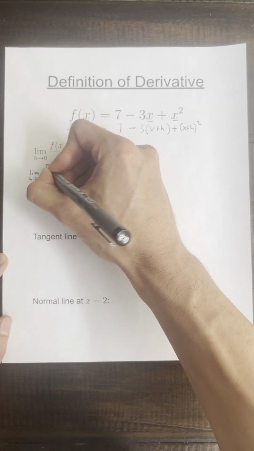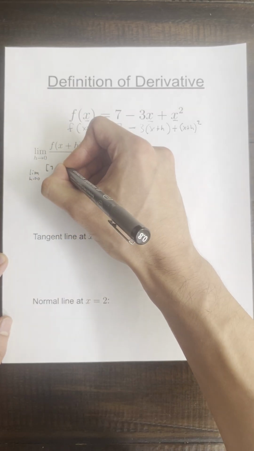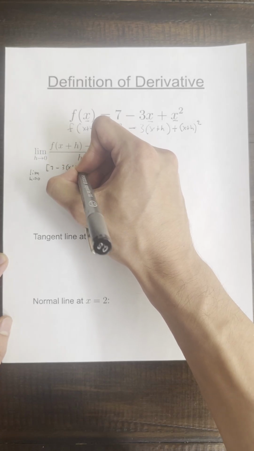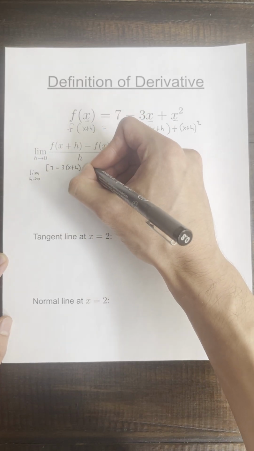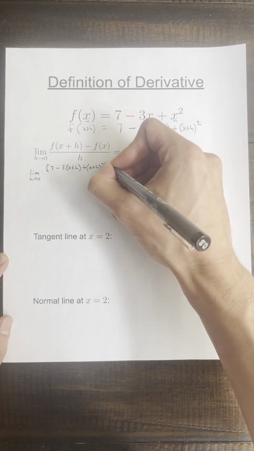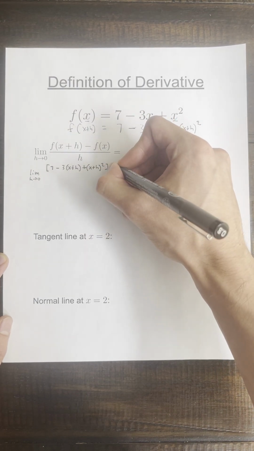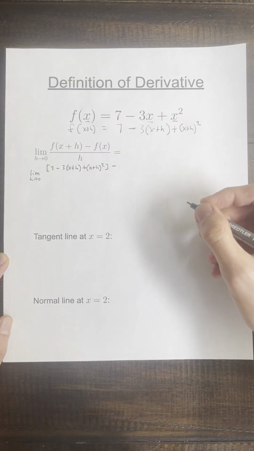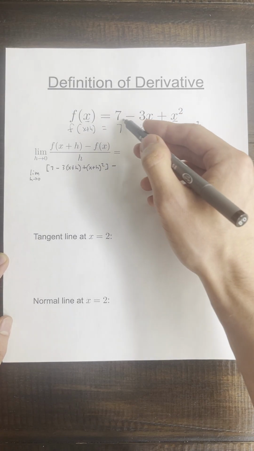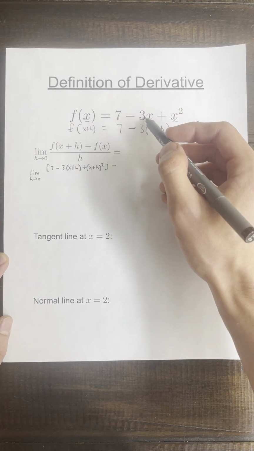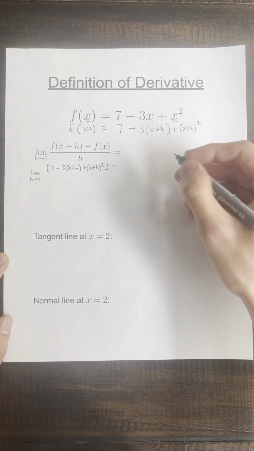Okay, so let's go ahead and change this to this. So 7 minus 3 times x plus h, plus x plus h squared, minus, what goes next? Because f of x is equal to 7 minus 3x plus x squared.